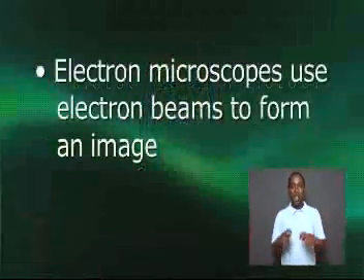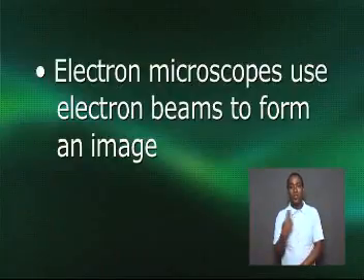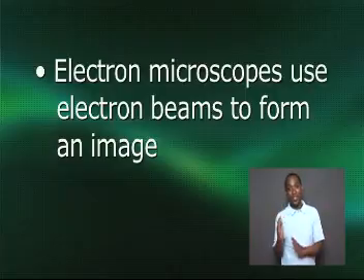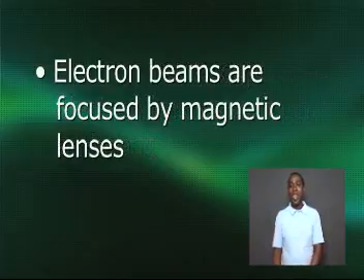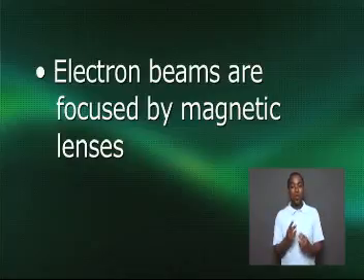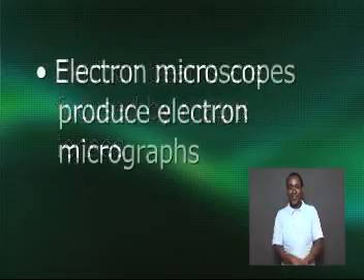Some characteristics you may have written down could be that the electron microscope uses electron beams to form an image, while light microscopes use beams of light to form an image. You may have also said that the electron beams are focused by magnetic lenses.